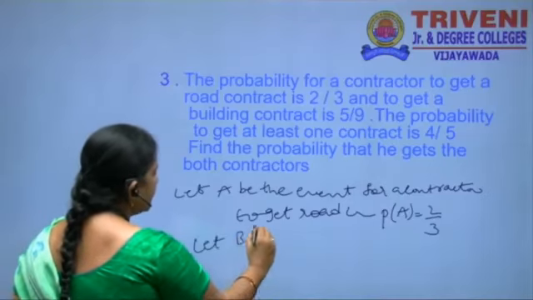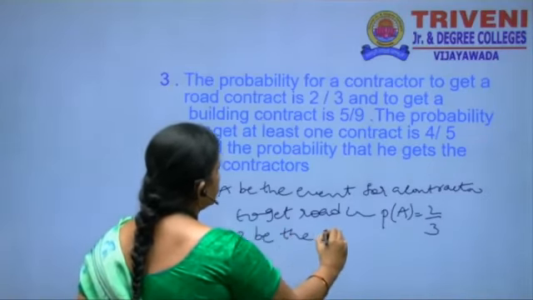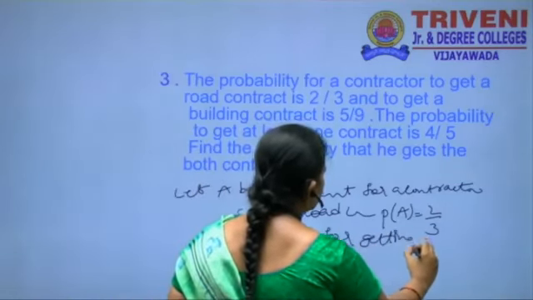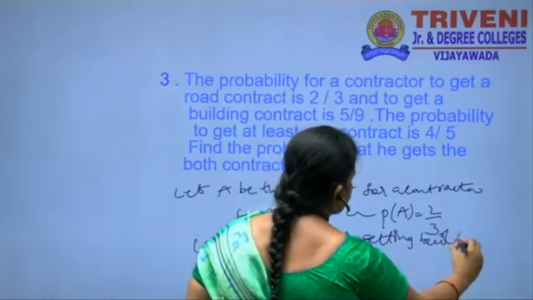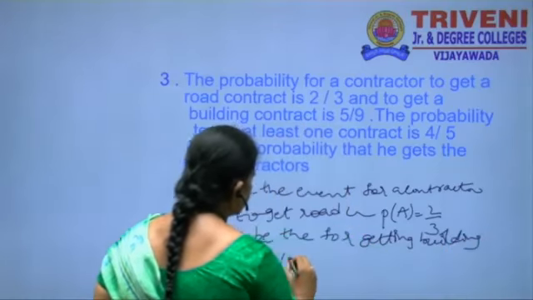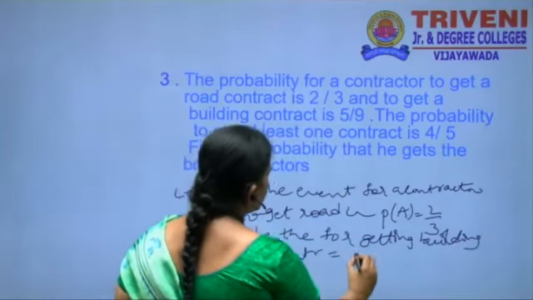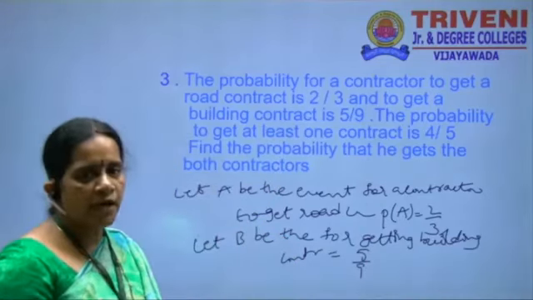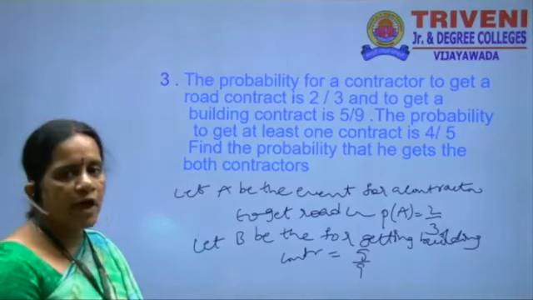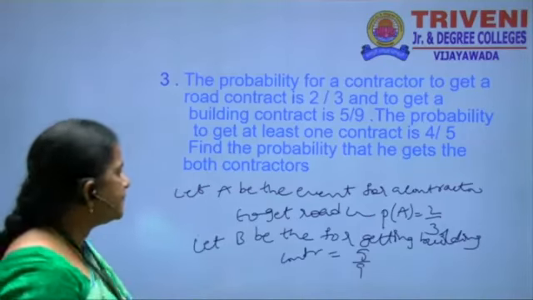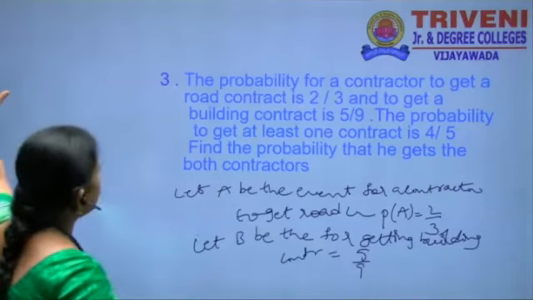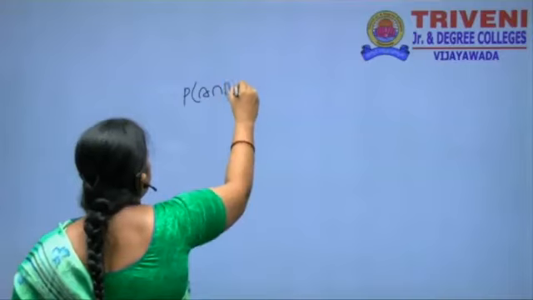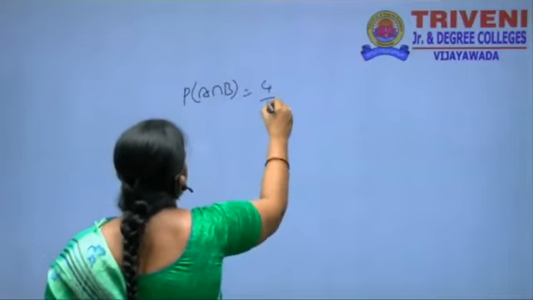Let B be the event of getting the building contract, P(B) = 5/9. The probability of at least one contract is 4/5, which we take as P(A ∩ B) = 4/5.